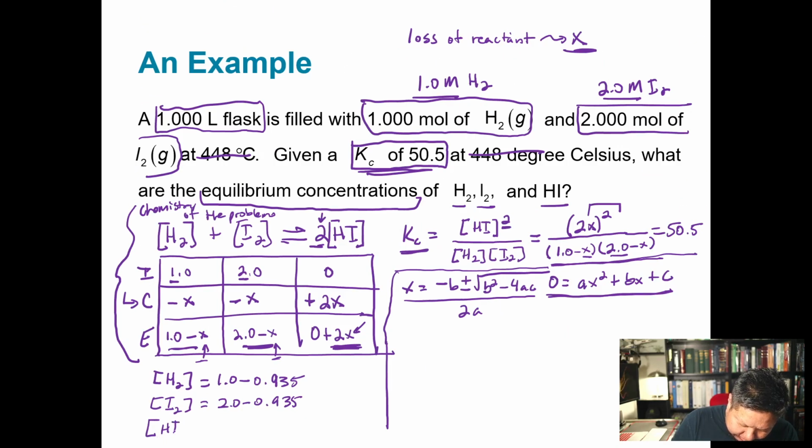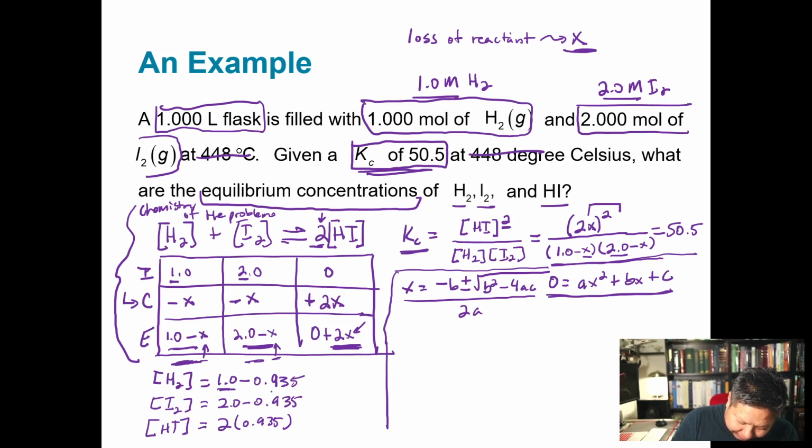for HI is 2 times 0.935, right? And again, where did I get all these things? I got them from the last row of the ICE table, right? Here's the equilibrium concentration for H2, 1 minus x.